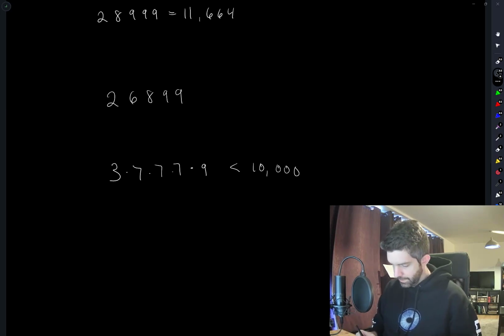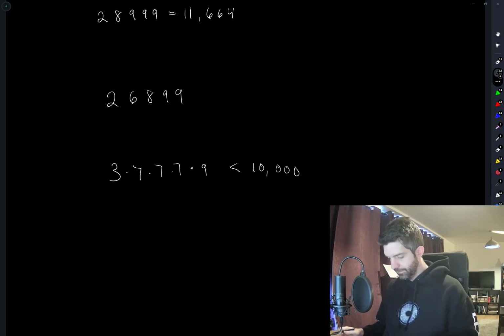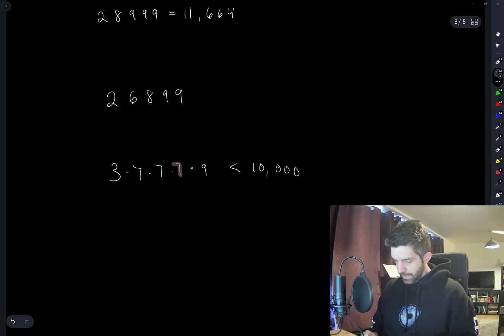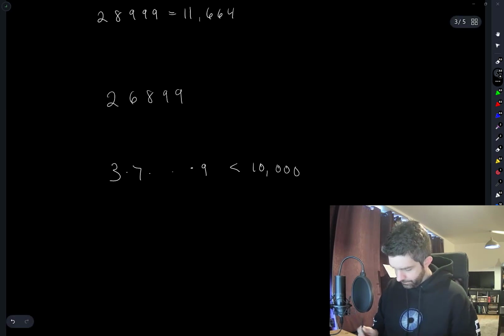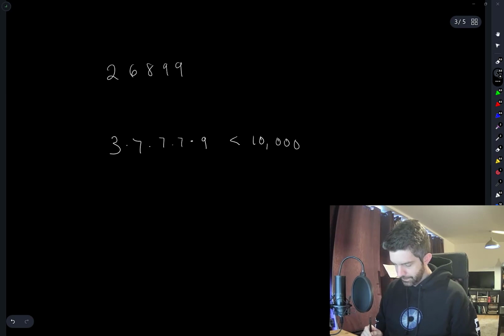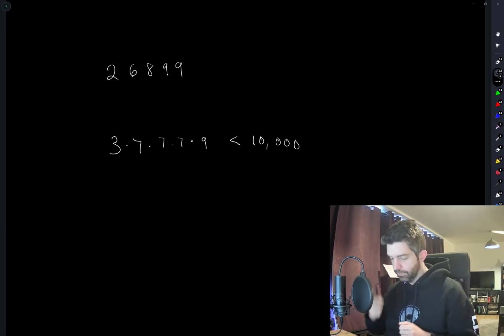But I cannot replace the 7 with an 8. But if I replace this with an 8 and this with a 6, wait, let's go back. 7 and 7. If I replace with a 7 and a 6, this overall number gets smaller.